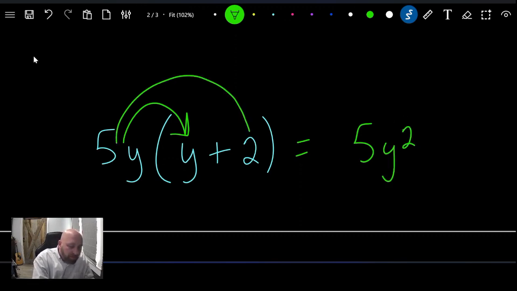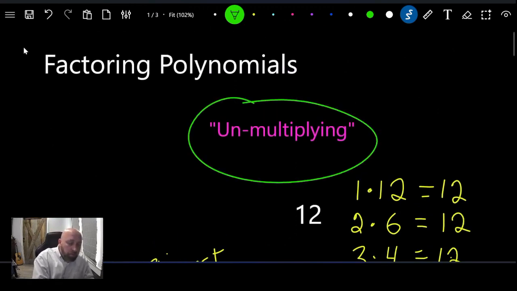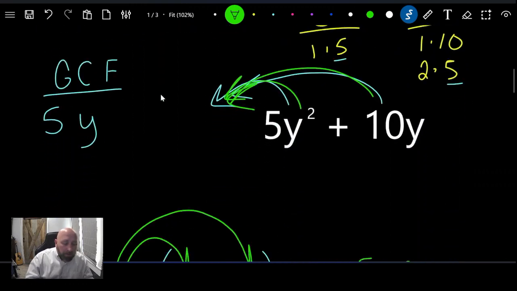And then we said, what's 5y times 2? Well, 2 times 5 is 10. And y plus nothing is y. So we got 5y squared plus 10y. Do you remember that? That was called distributing. That was just a couple lessons ago. Okay, so we took this and we distributed it in. Now, what we're doing is we're undistributing. Okay, go back up to that word. We're unmultiplying. If distributing is multiplying, then factoring is undistributing. Okay, we're unmultiplying it. So that's what's going on here.